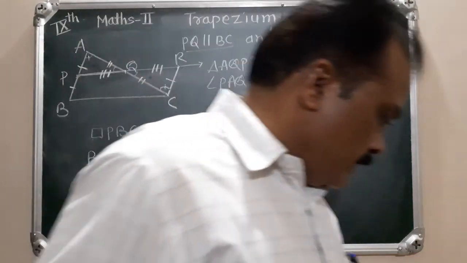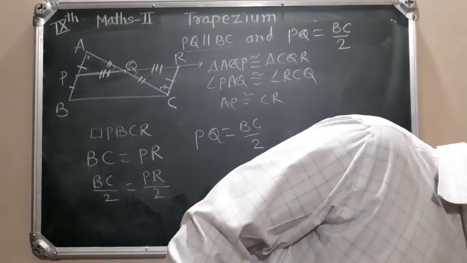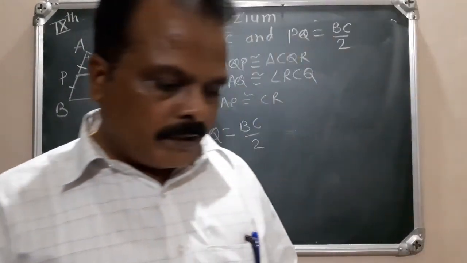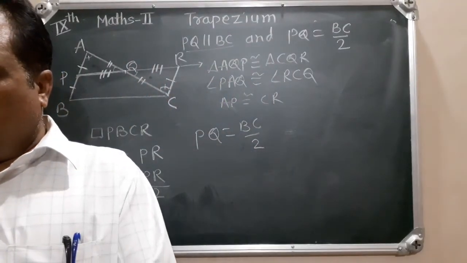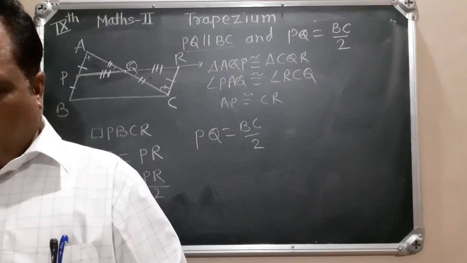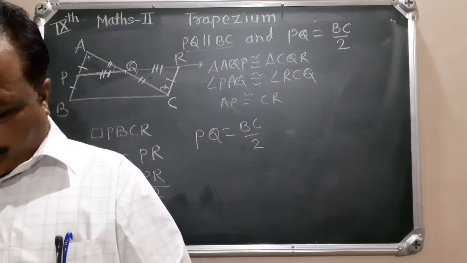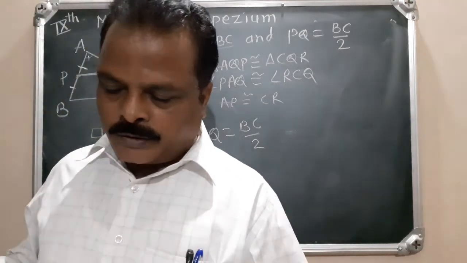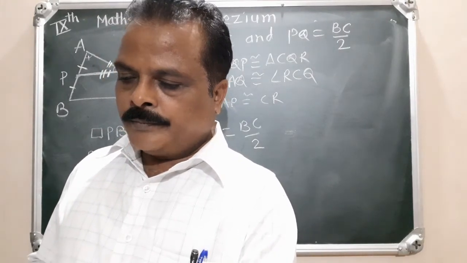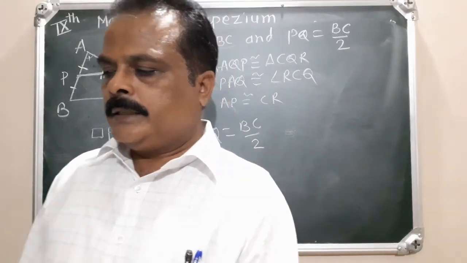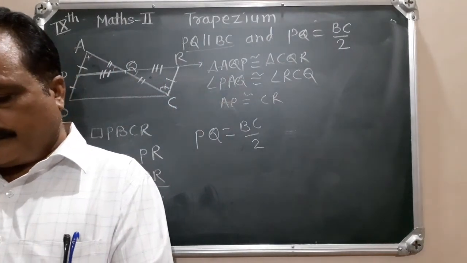This is the theorem of midpoints of two sides of a triangle. If we join the midpoints of any two sides, then that segment is parallel to the third side and half of it.